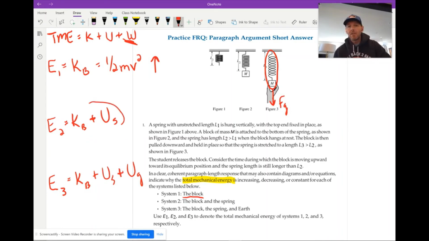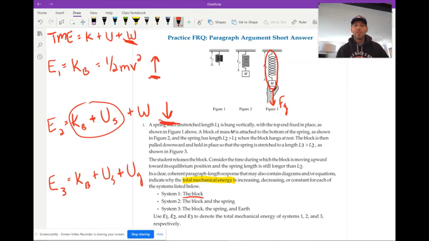So we have these two, plus work, right? Because the force of gravity is doing work. Because the force of gravity is opposite the direction of motion, and the block is moving upwards, that is a decrease in energy. So we're increasing in energy in the first one, and we're decreasing energy in the second one.